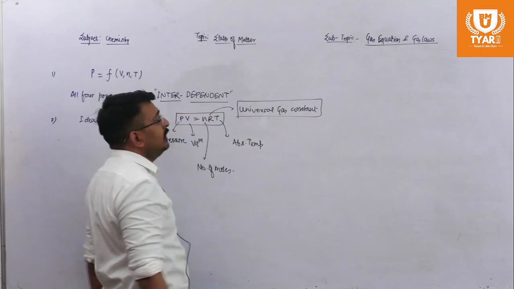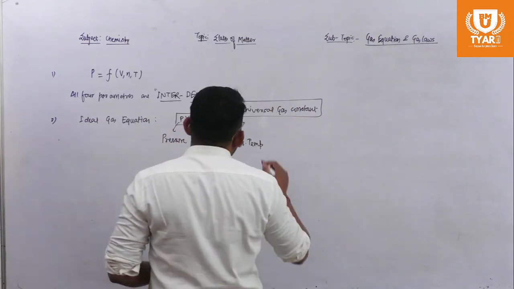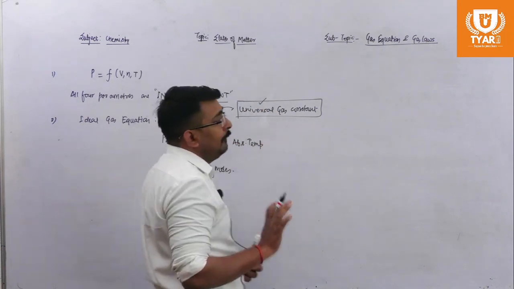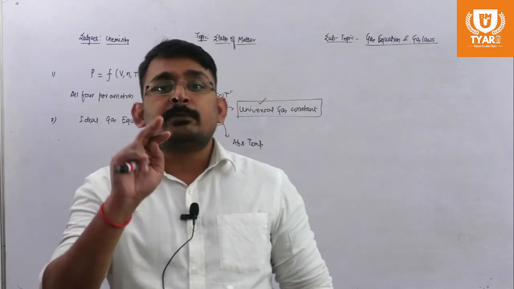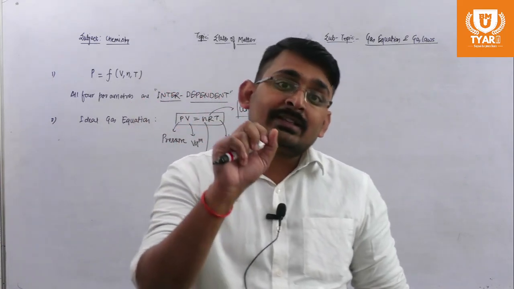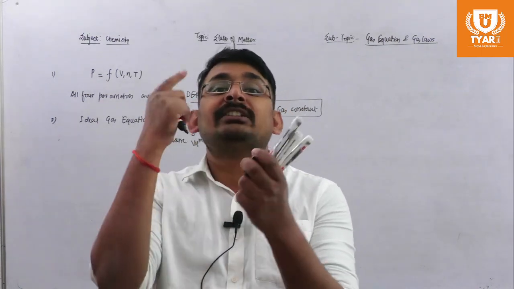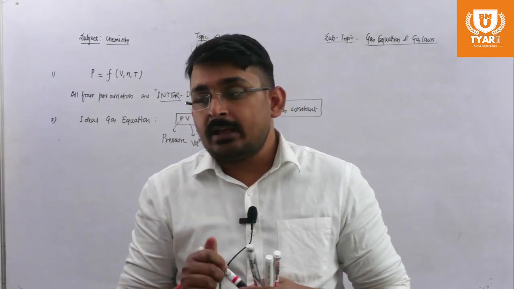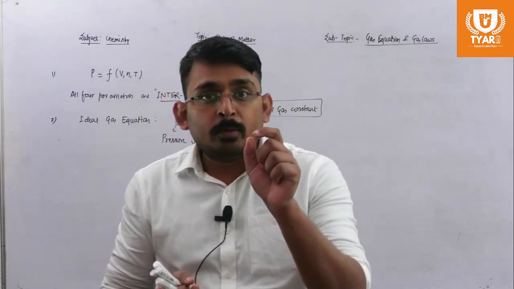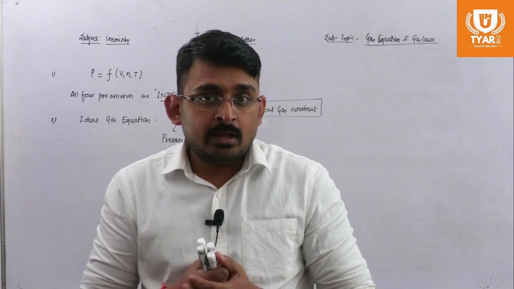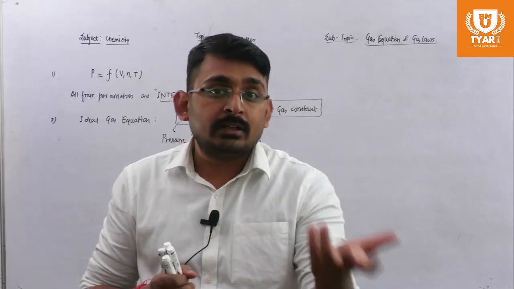What is the meaning of this term universal? Universal means that the value of this constant will not be affected by anything. There are two types of constant. One is universal constant, another is characteristic constant. A characteristic constant depends upon the character of a particular substance. Like the boiling point: the boiling point of water is 100 degrees Celsius, the boiling point of ethanol is something different, and the boiling point of ether is something different.